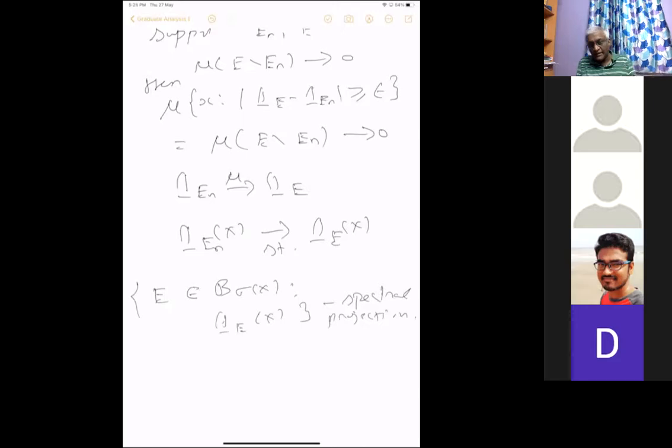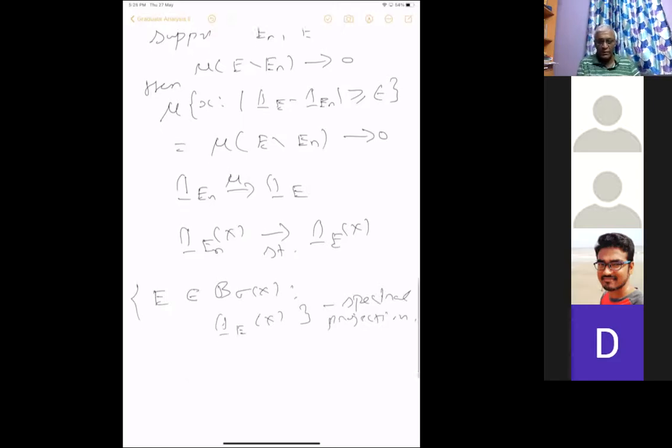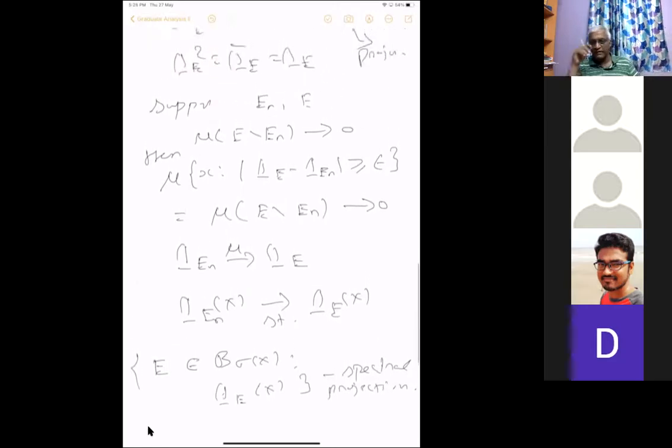For any Borel subset of the spectrum, we get a projection. As you can see, all these spectral projections commute because the functions commute. So all these 1_E and 1_F will commute. Not just that, they commute with all the measurable functional calculus. This is a commuting set of operators associated to this x.